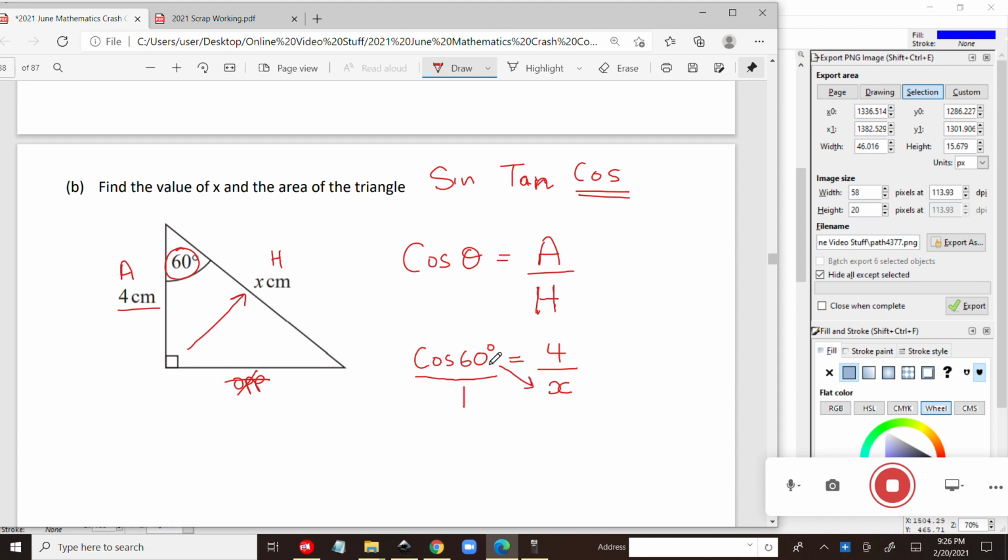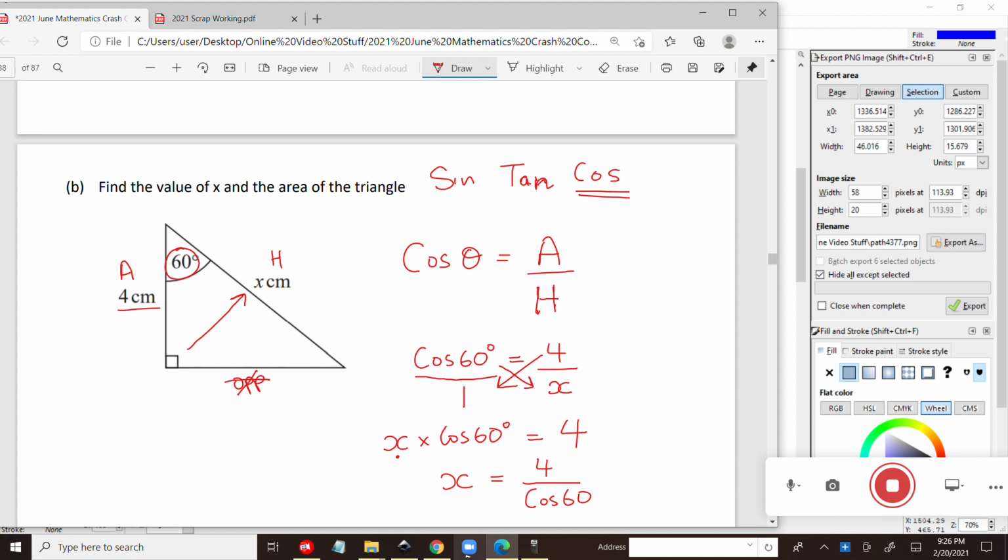So cos 60 by x is just x multiplied by cos 60. You can't do much there. And 4 by 1 is 4. So now it's time to solve for x. The cos 60 is a multiply. Throw it across, you will get a divide.